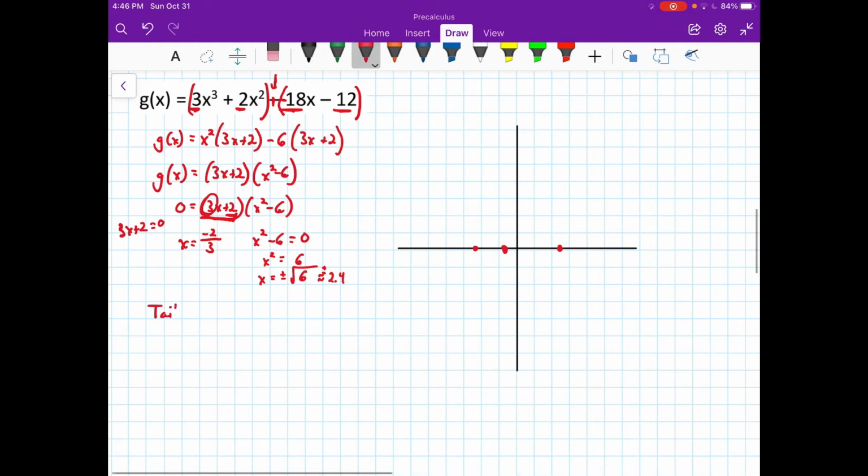We have our tails, or the end behavior. We look at our leading coefficient. It's odd degree and positive. So left is going to be down, and right is going to be up.